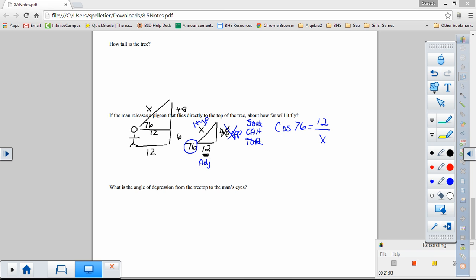Let's use the strategy we used from chapter 7. We're going to cross multiply. So 1 times 12 is 12, and x times the cosine of 76. If you want x by itself, you have to divide by the cosine of 76.